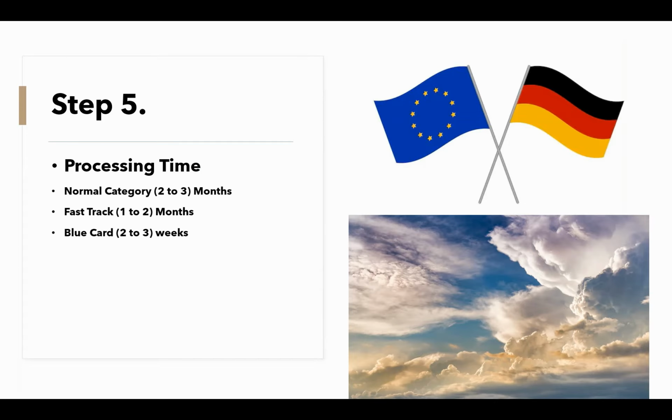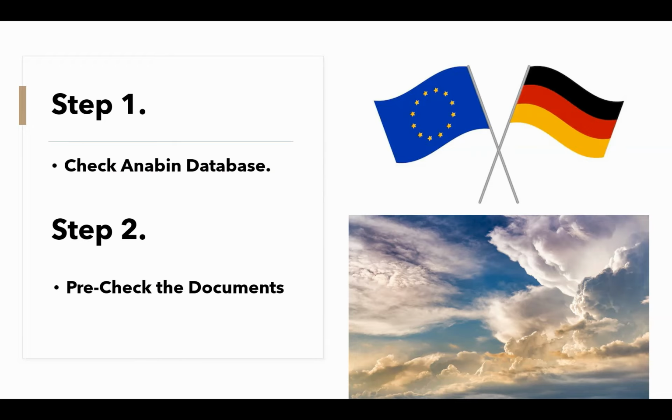And step 5, processing time. The normal category takes like 2 to 3 months. Fast track, for example if your employer supports you, will take 1 to 2 months. If you have a blue card, as I said, it will take 2 to 3 weeks. So simply, what I said: step 1, check your degree on the Anabin database.